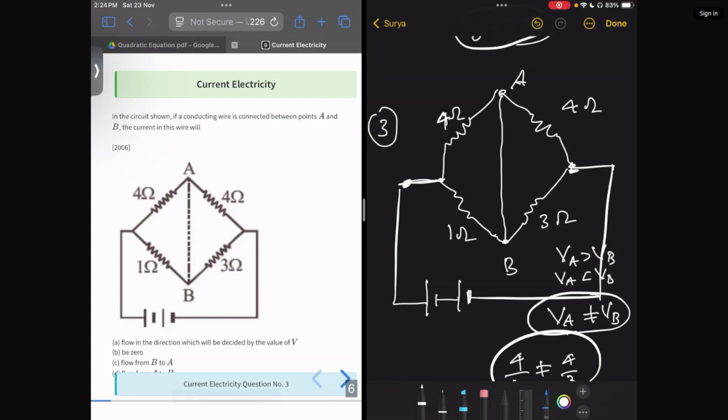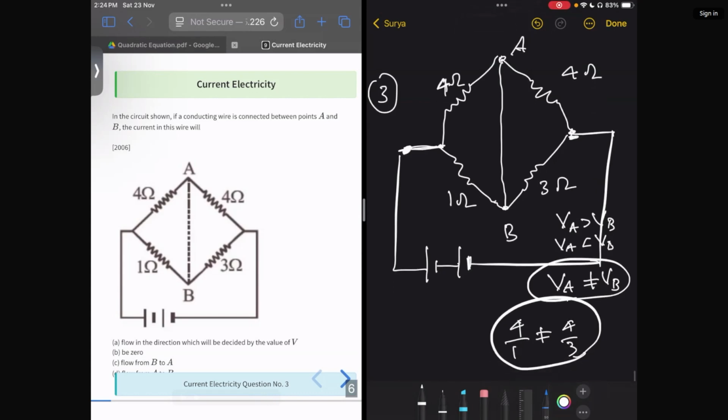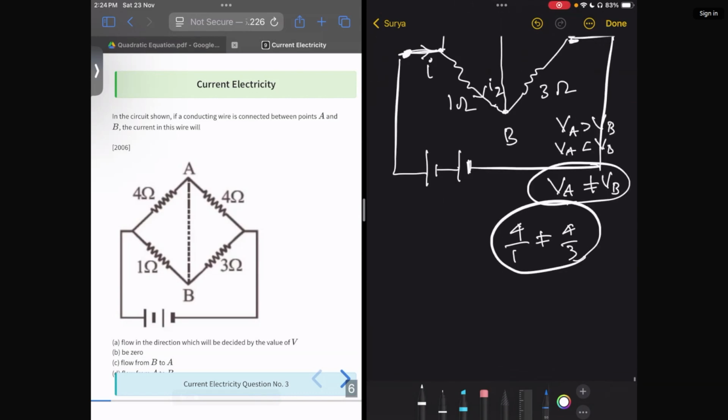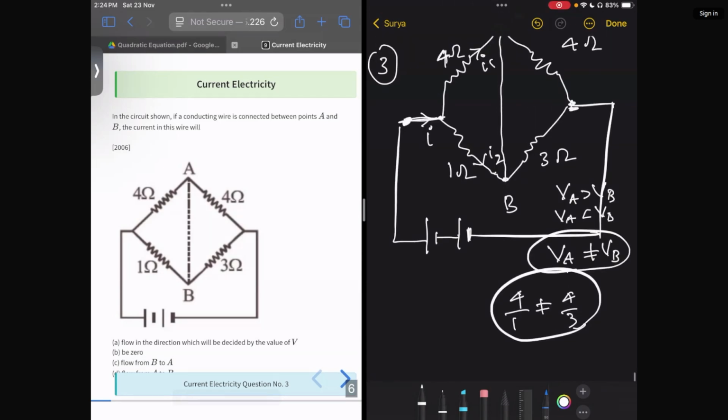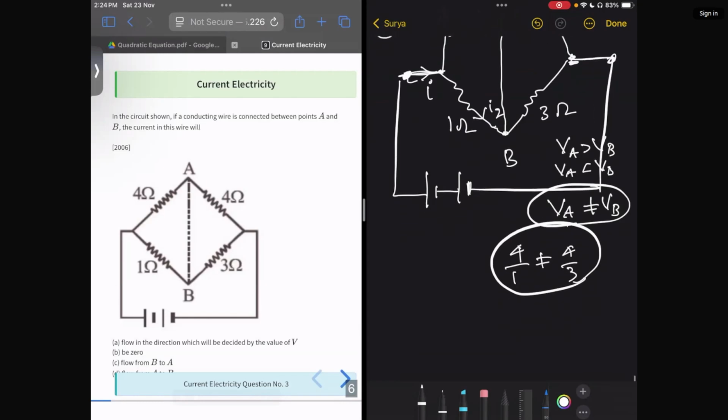Suppose I take a current I; it will go I1 here and I2 here, right? So the potential difference across these two points is V.